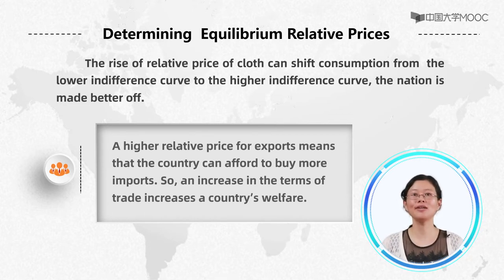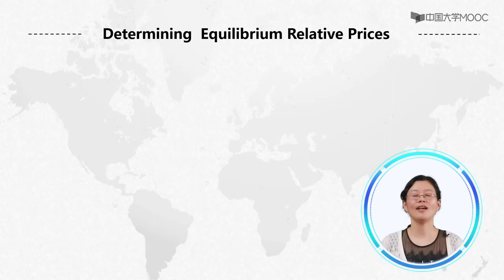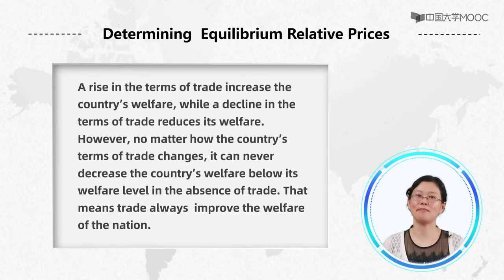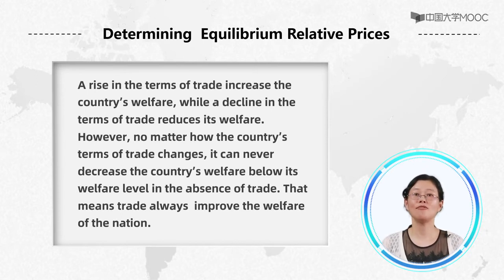So, an increase in the terms of trade increases a country's welfare. Conversely, if the relative price of clothes declines, the nation would be made worse off. So we can make a general statement that a rise in the terms of trade increases the country's welfare, while a decline in terms of trade reduces its welfare.